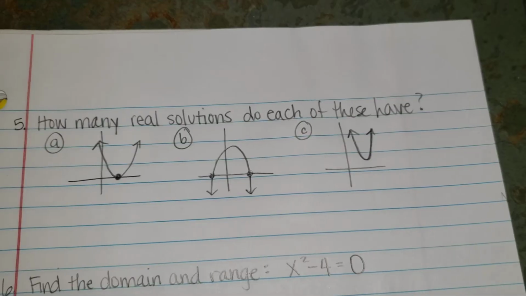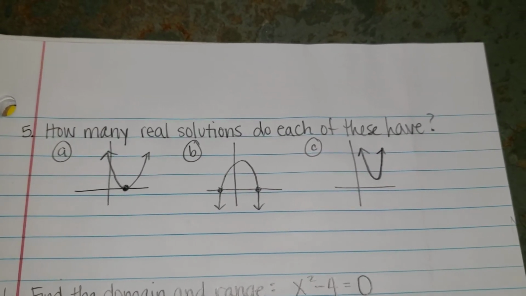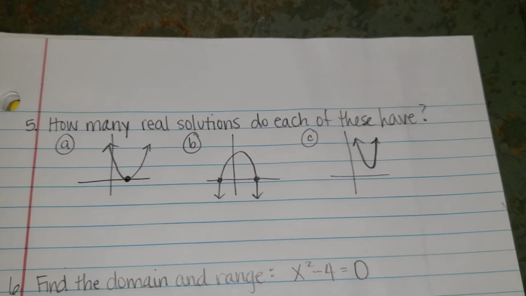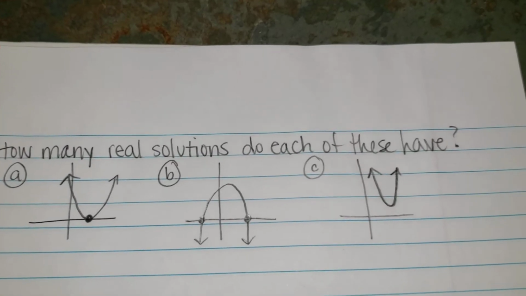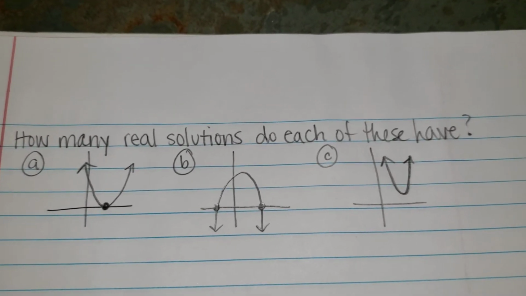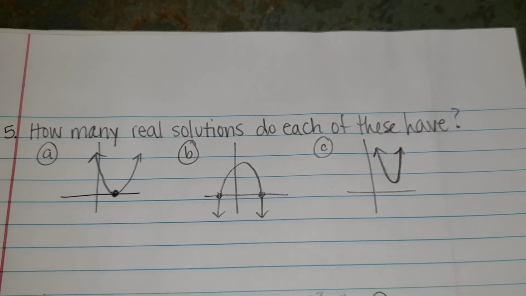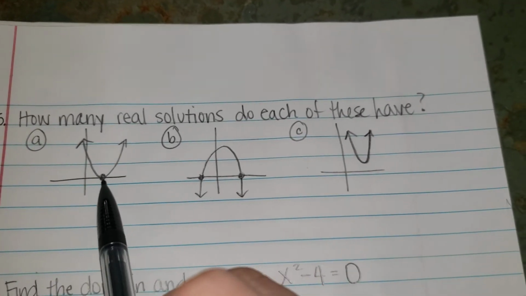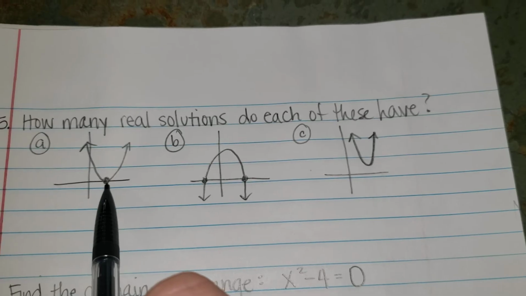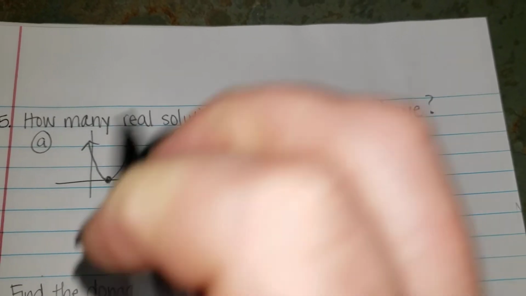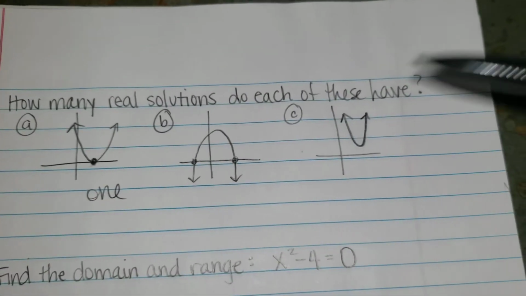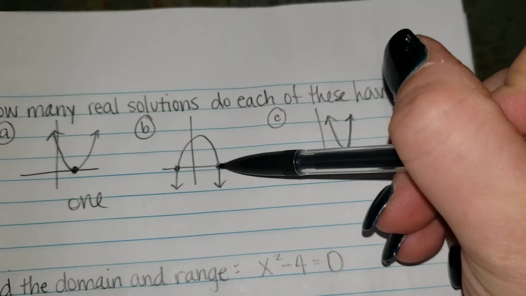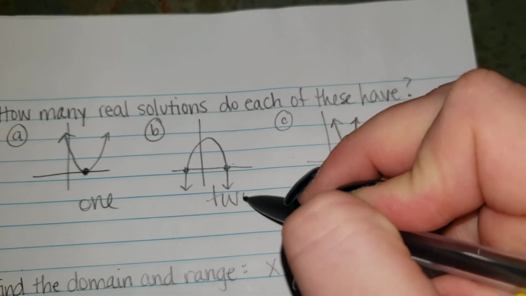The next thing I'm going to show you is how many real solutions each of these has. Well, if I'm looking at 3 different quadratics here, remember a solution is a zero, a root, or an x-intercept. Because this one only crosses the x-axis one time, it has one solution. Because this one is going to cross the x-axis 2 times, it has 2 solutions.